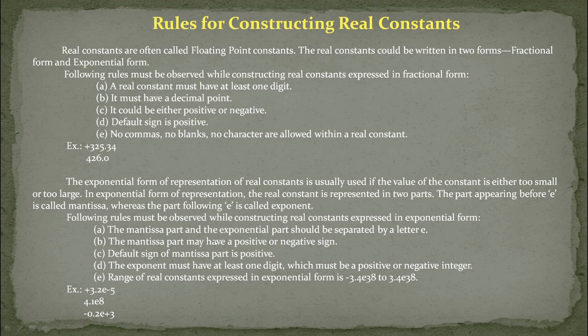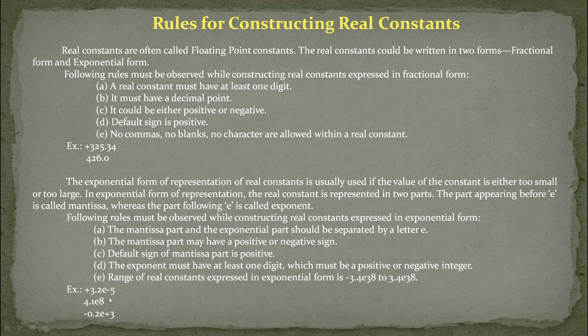The mantissa part may have a positive or negative sign. It is a positive sign and it is a negative sign. The default sign of the mantissa part is positive. The exponent must have at least one digit, which must be a positive or negative integer. It must have one digit, that is an integer.